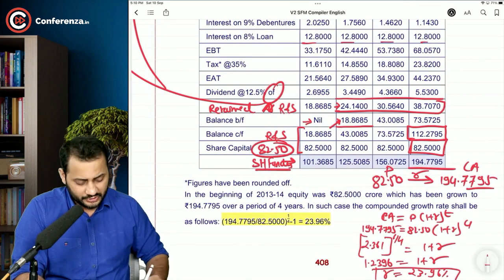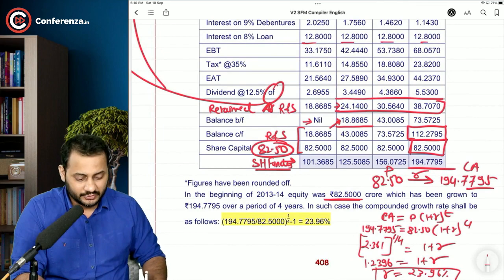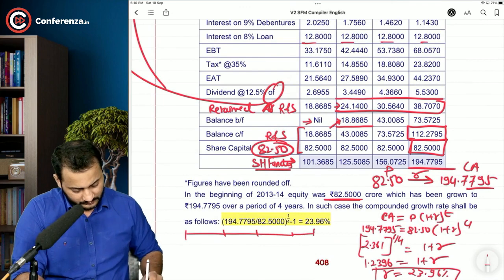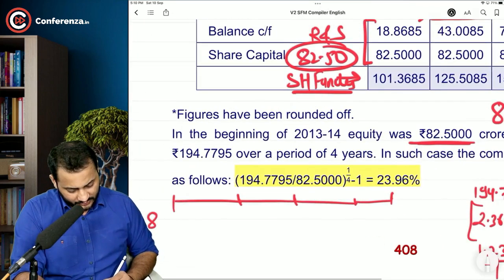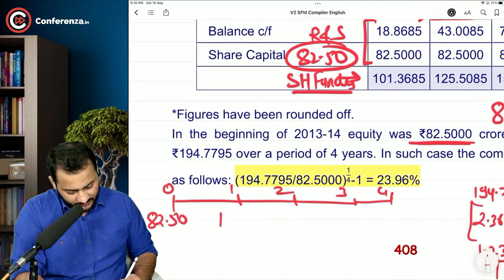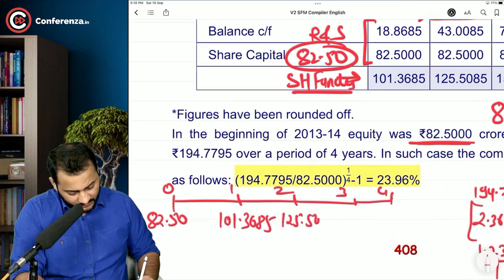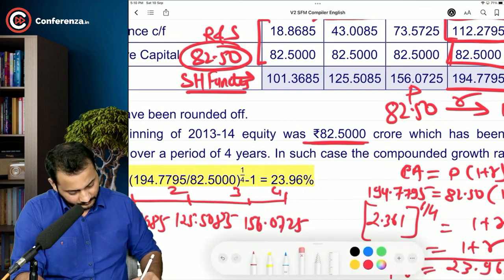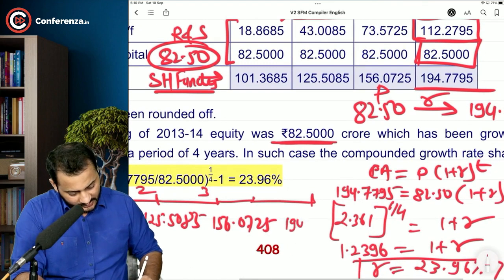That's it. You started with this 82.50 at time 0. I will just show you the timeline. It was at 0th time, 1, 2, 3, 4. 82.50, then it became 101.3685, 125.5085, 156.0725, and in the end 194.7795.